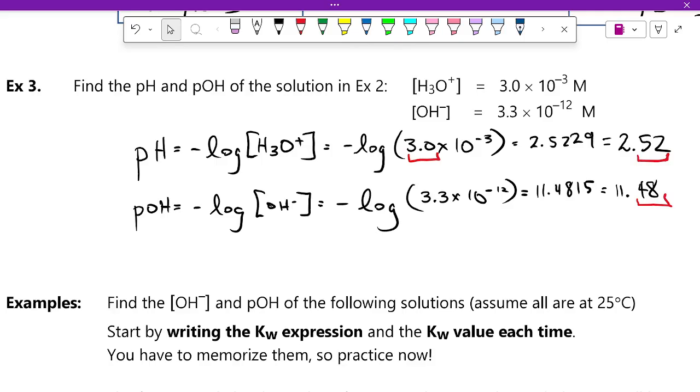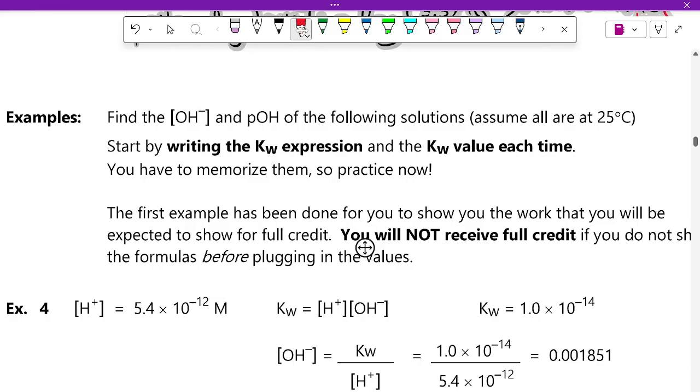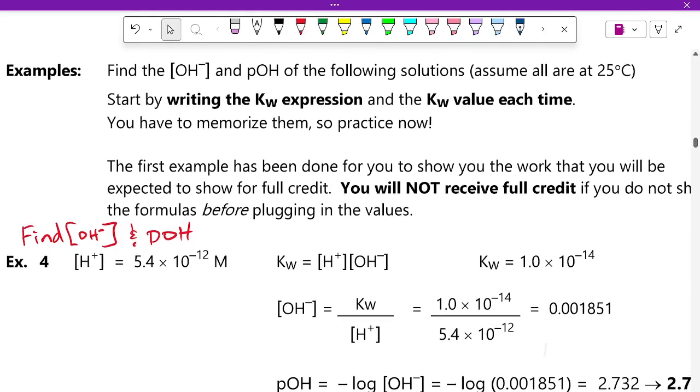Examples. Find the concentration of hydroxide and the pOH of the following solutions. So we're going to be finding concentration of hydroxide and pOH. Make sure that you have your work written this way.